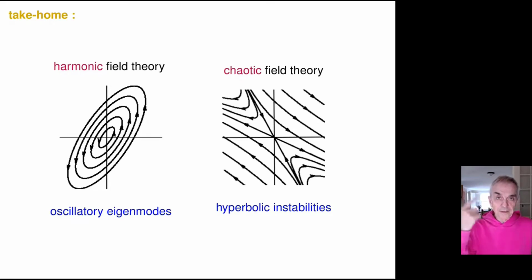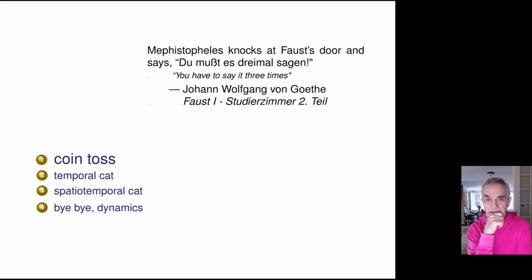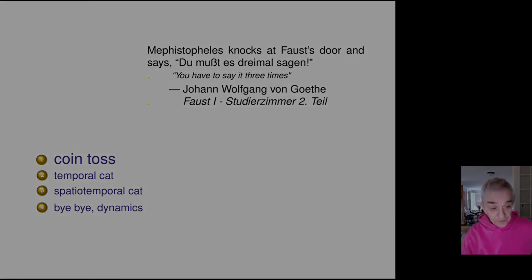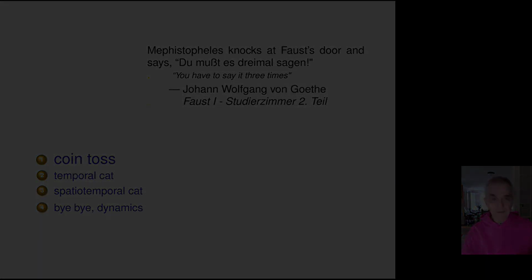So you push and you get motion on ellipses or circles. So these are oscillatory eigenmodes. And chaotic field theory, instead of that, has hyperbolic instability. The basic idea is at this level. And now I'll use this to construct field theory. So I'll do it like Faust says, du musst es dreimal sagen. First time, I'll do a very elementary thing.